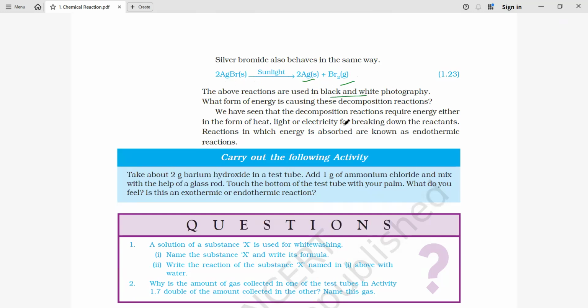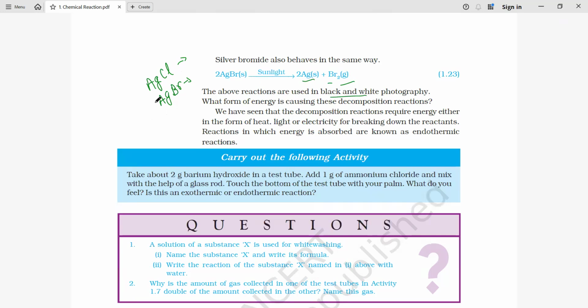Now everything has become digital, but earlier we had something called negatives and all. So there it is being utilized in black and white photography, where we use this decomposition reaction in which silver chloride and silver bromide both are going to decompose.